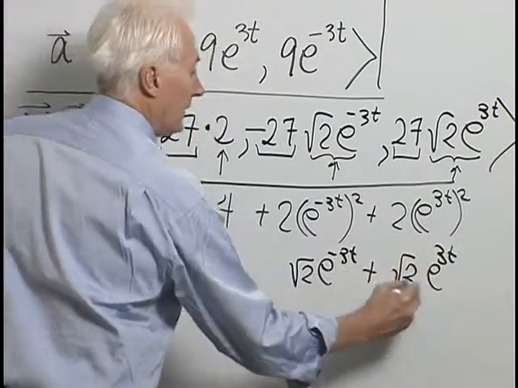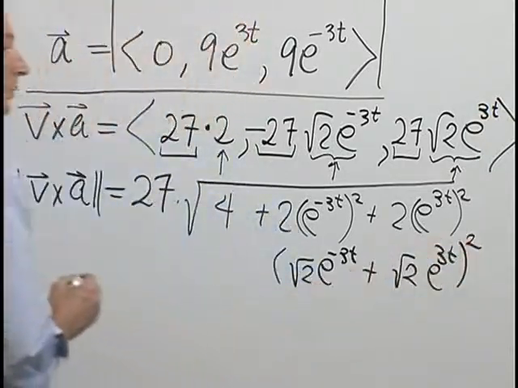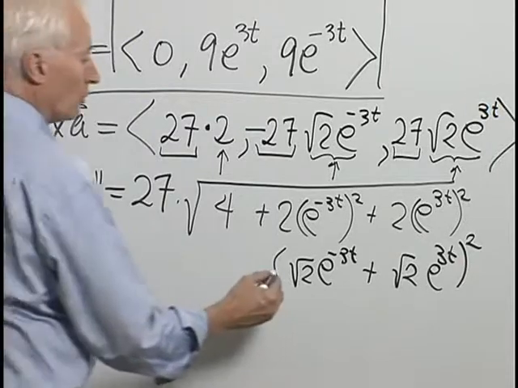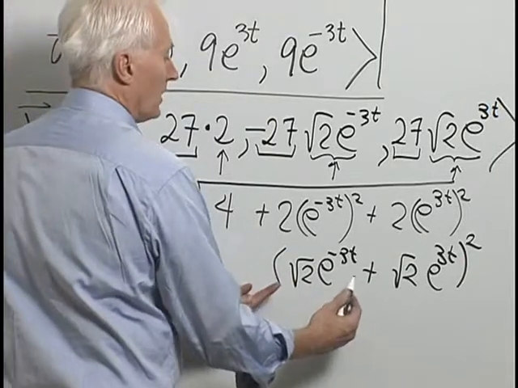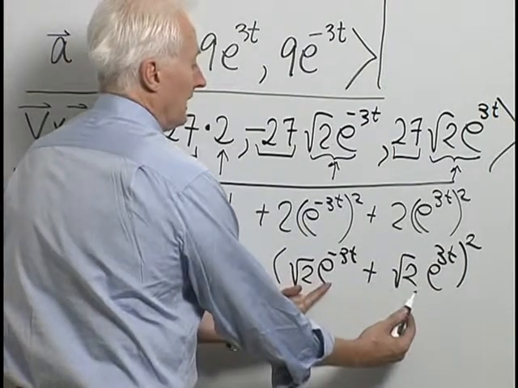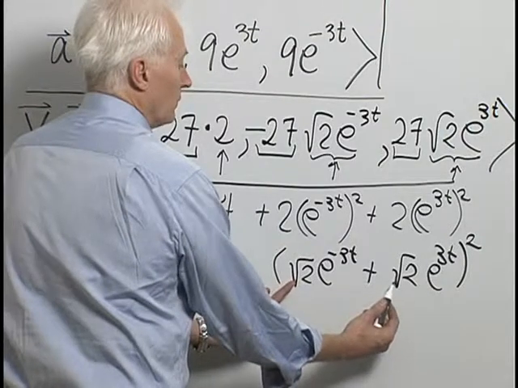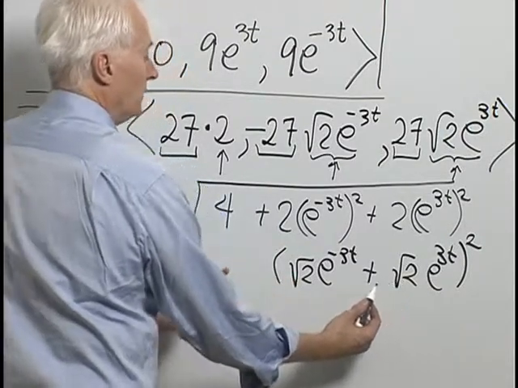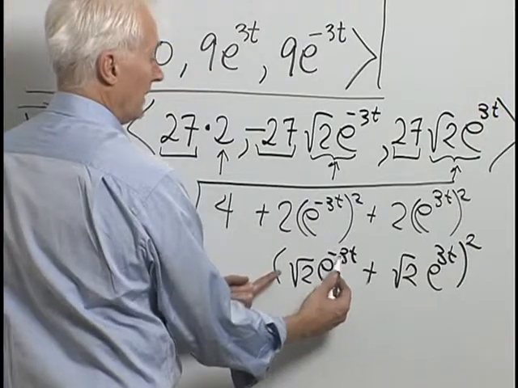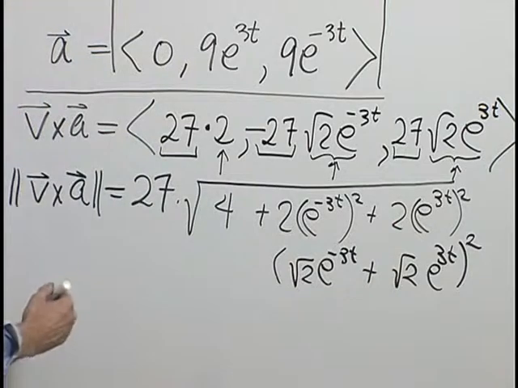So if I add those in square, what will I get? Well, notice the cross term would be twice the product of these two. E to the negative 3t times e to the 3t is 1. 2 times root 2 is 2 times 2 is 4. So the cross term is the 4, and then the other two terms is the square of that and the square of that. And so that does it.